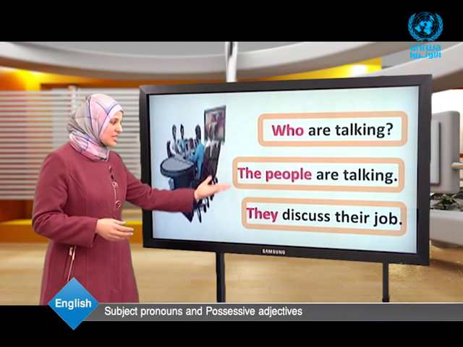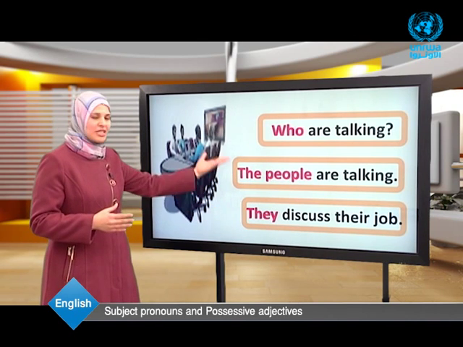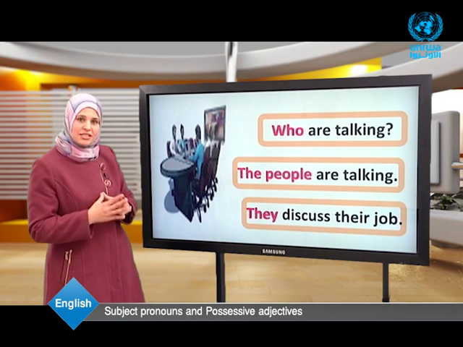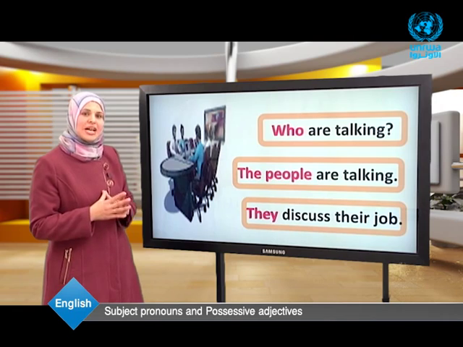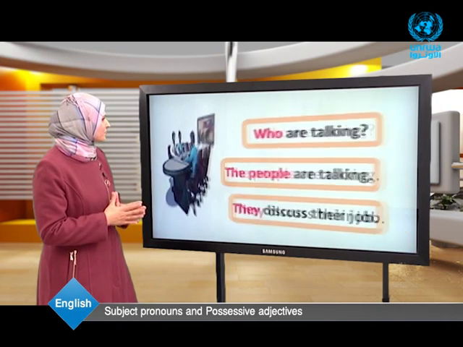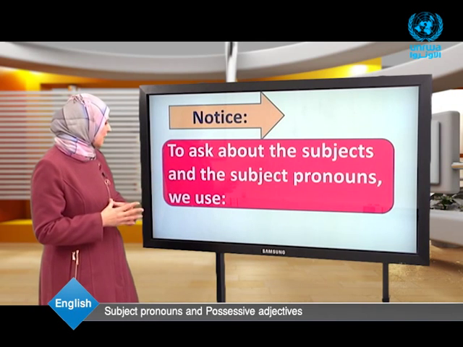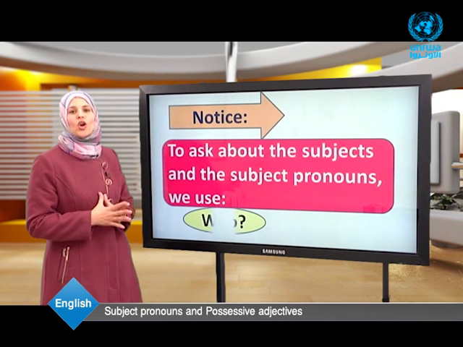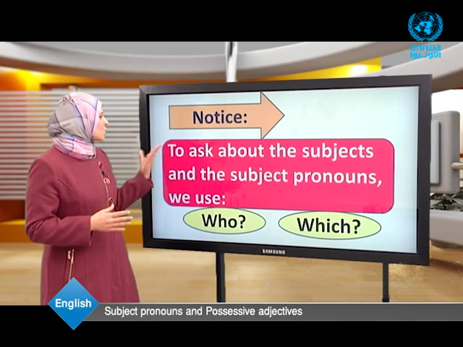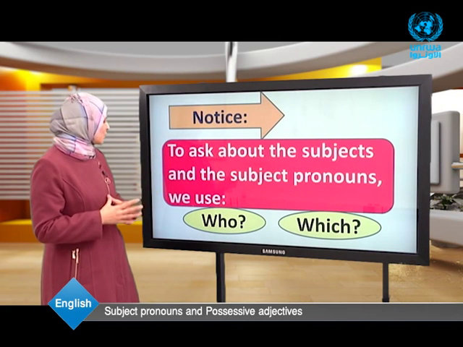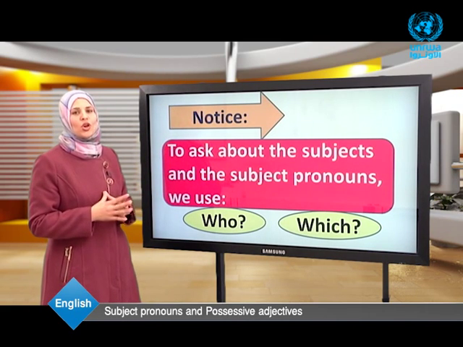Another sentence, they discuss their job. They replace the people. And they is the answer of who because it is a subject. Notice, to ask about the subjects and the subject pronouns, we use who or which.